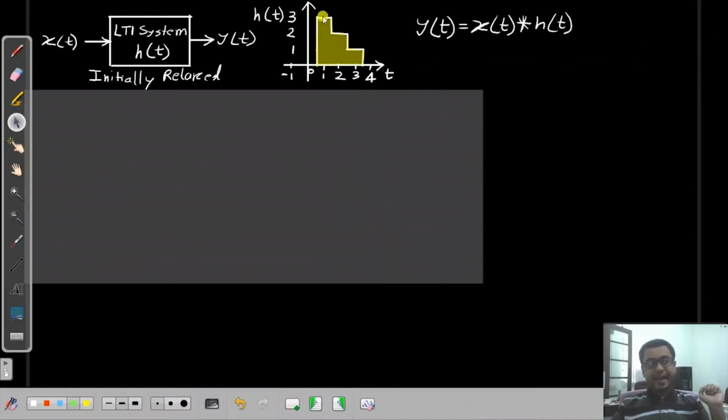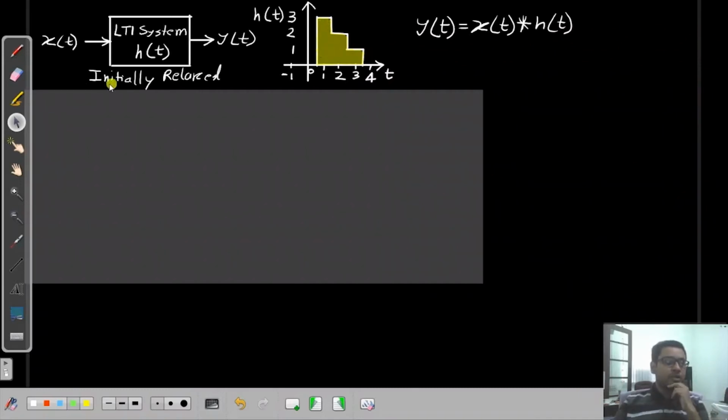Then it gradually decreases and becomes 0 at t equal to 4. I have intentionally taken it to be piecewise constant for ease of understanding, and I have intentionally colored the area under it with a yellow color.